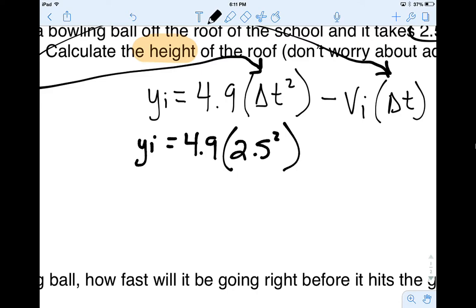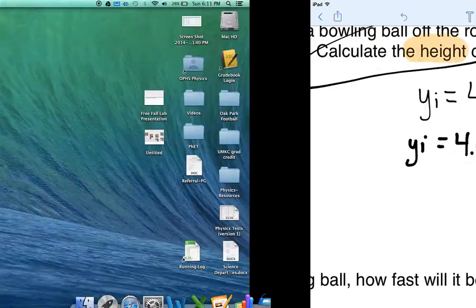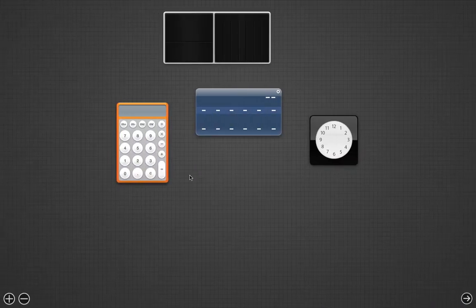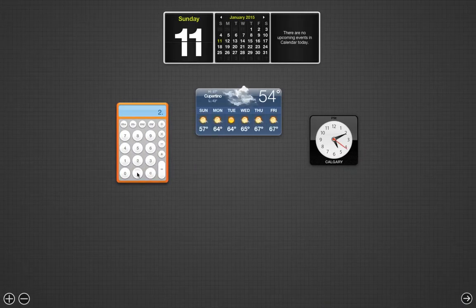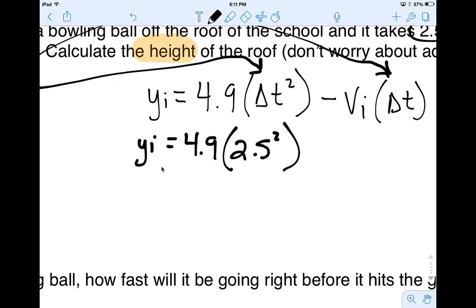So now we're just doing math. 2.5 squared, when we go over to the calculator, is 2.5 times 2.5, which is 6.25. Then 6.25 times 4.9.